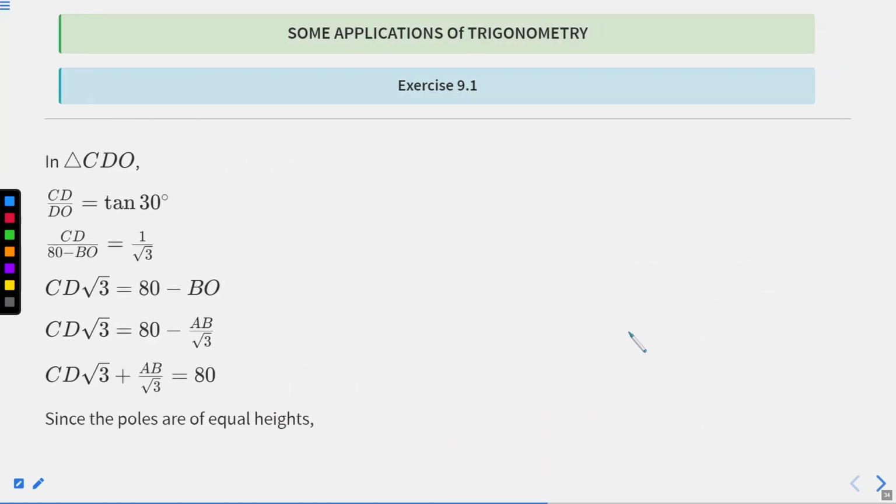Now in triangle CDO, CD by DO is equal to tan 30 degrees. It implies CD by 80 minus BO is equal to 1 by root 3, so CD times root 3 is equal to 80 minus BO. Since BO is equal to AB by root 3, CD times root 3 plus AB by root 3 is equal to 80.